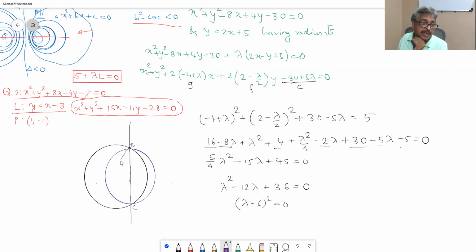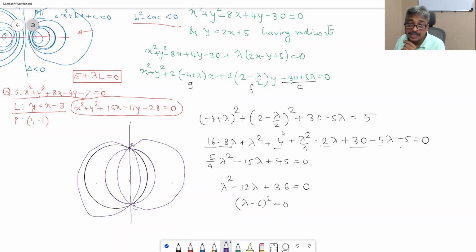Otherwise, if I draw a circle like this, exactly the same radius, another circle will be on the other side. Now you need to understand this. Exactly the same radius circle will be on the other side. Every time it will be 2. But this is the one.